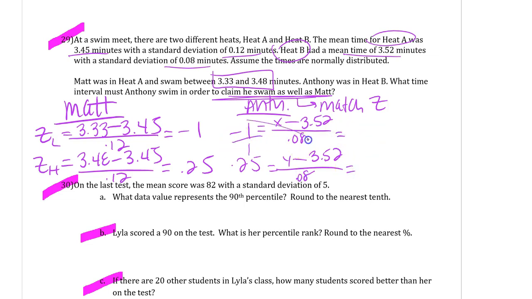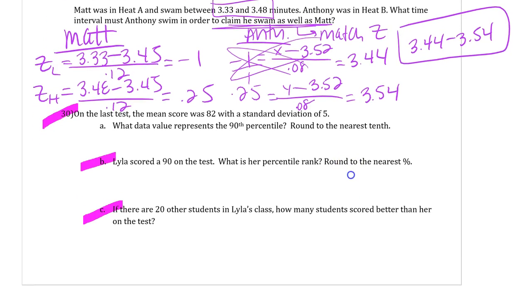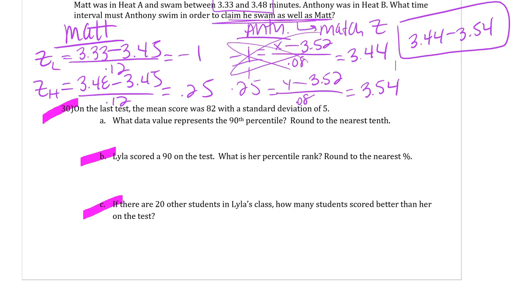And at this point it would just be a very quick cross multiply and solve. Multiply, add over 3.52. And you get 3.44 and 3.54. So your range would be between 3.44 and 3.54. So that's the interval he would have to score in. Whew. All right, last question.